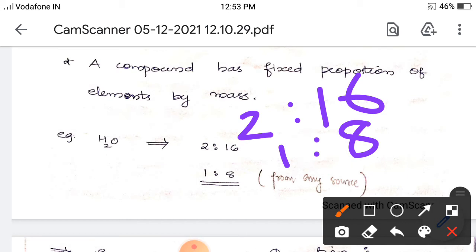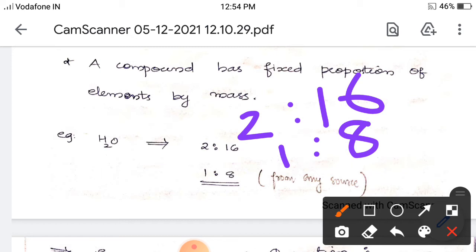Or we can say like this: the mass of each individual element in this compound is in a fixed ratio.